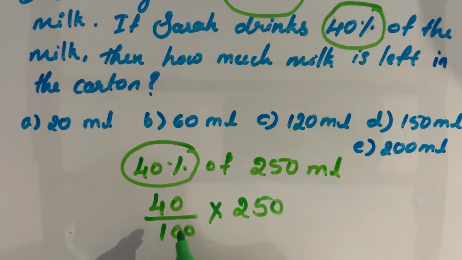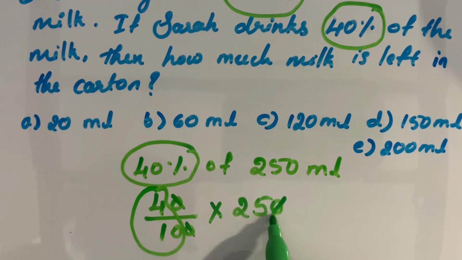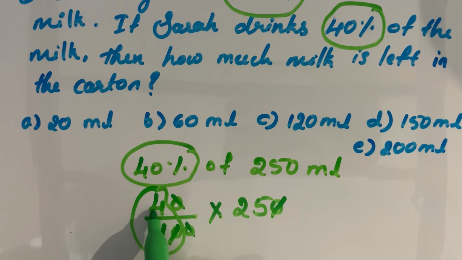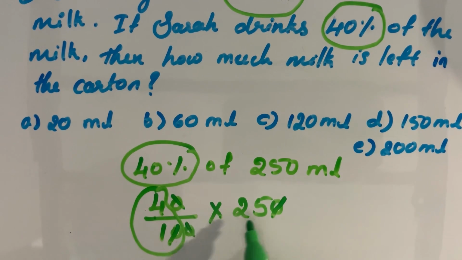Now let's cross out zeros: one 0 at the end here, one 0 at the end here. Now you are left with 4 over 10. Again, one 0 at the end, one 0 at the end, cross out. Now you are just left with 4 over 1, which is nothing but 4. 4 times 25. What is 4 times 25? It is nothing but 100.